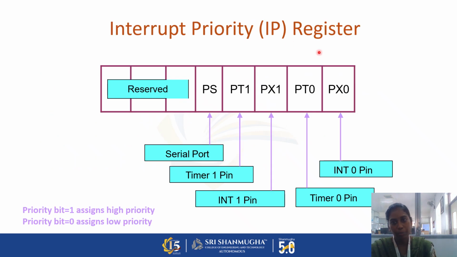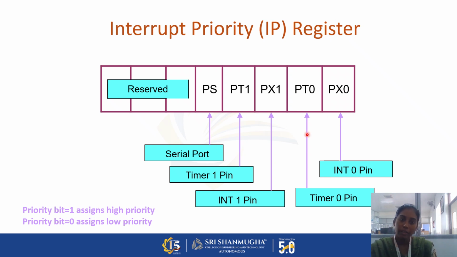This is the interrupt priority register. We can change the priority levels using this register, and change the order as we need. Based on this priority register, the interrupts will be performed.